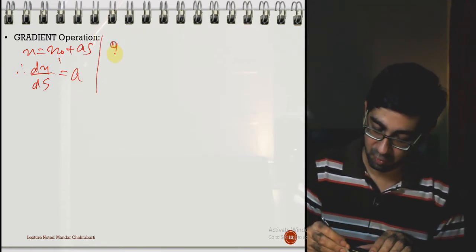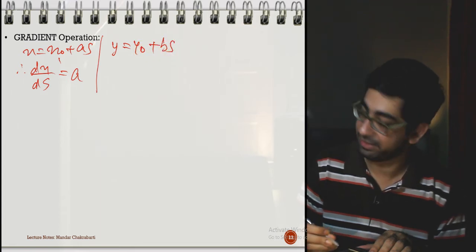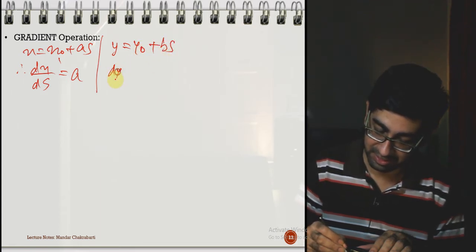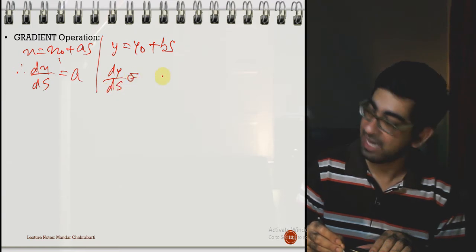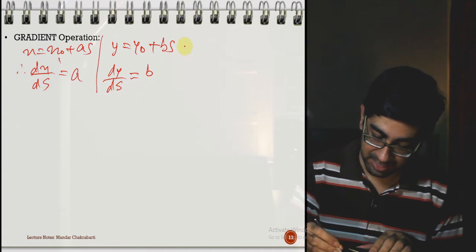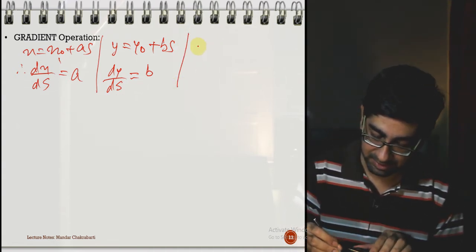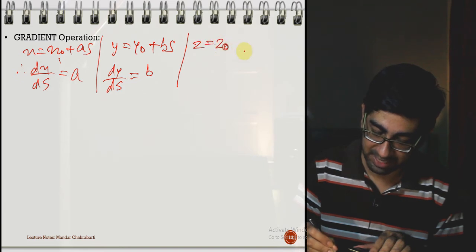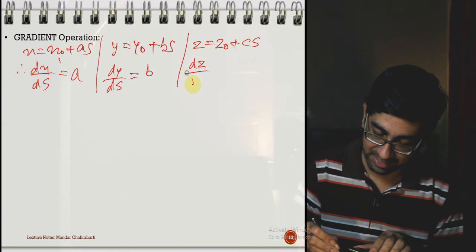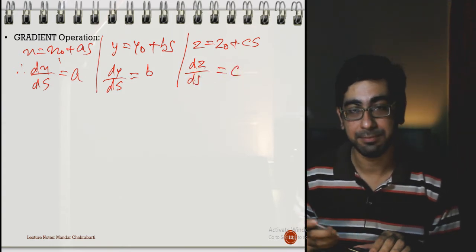Same thing, y is y0 plus bs, and differentiating y with respect to s, I'll end up with b. And if I were to extend this onto the third axis, then z would be z0 plus say cs, and dz ds is going to become c.